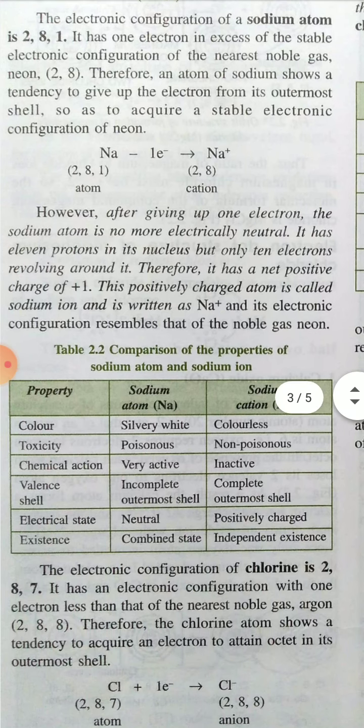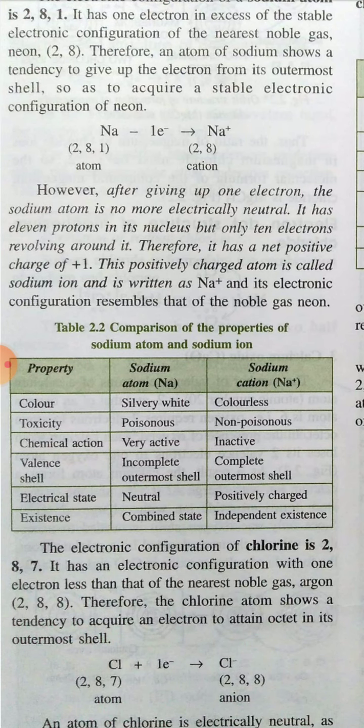Here a comparison is given between the sodium atom and the sodium ion, Na+. First, color: the sodium atom is silvery white, but the sodium cation is colorless. Toxicity: sodium is poisonous, but Na+ is non-poisonous.